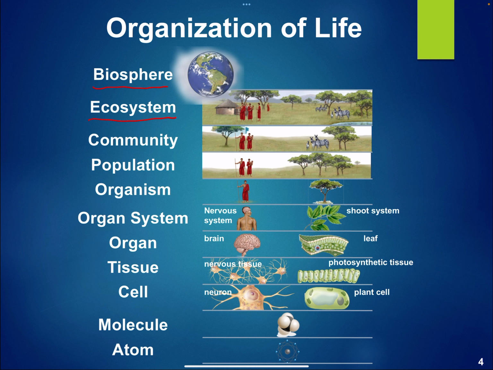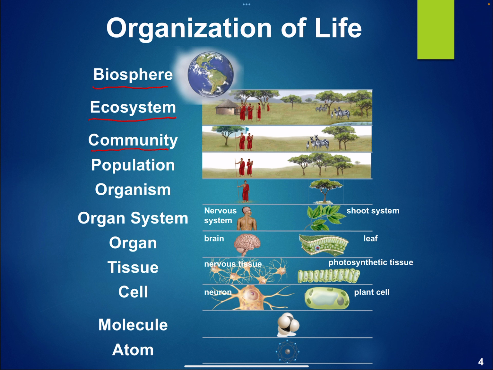Remember that living organisms have to acquire raw material from their environment, right? That raw material can be water, and other materials. So in an ecosystem, we have living components and non-living components and how they interact with each other. Then if we zoom in on the ecosystem, focusing on life, we are going to have communities.